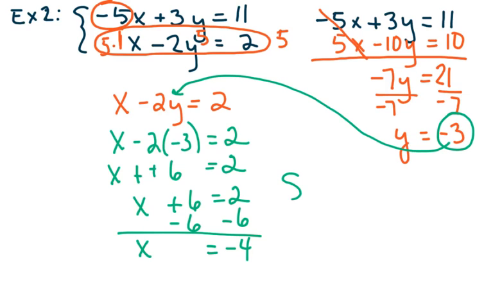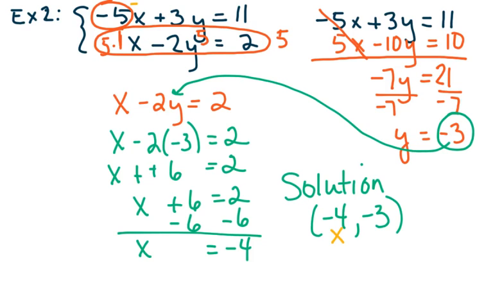So my solution in the proper form is negative 4, negative 3. Remember the x comes first. If I do a check on this, I'm going to plug negative 4 in for my x. I'm going to plug negative 3 in for my y.